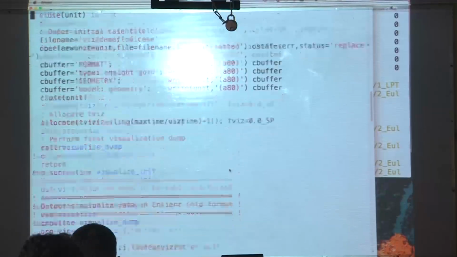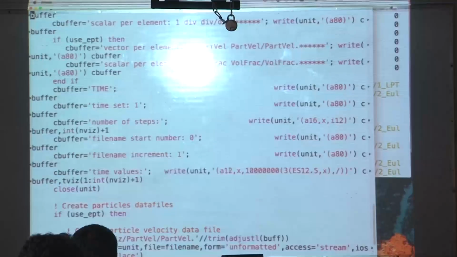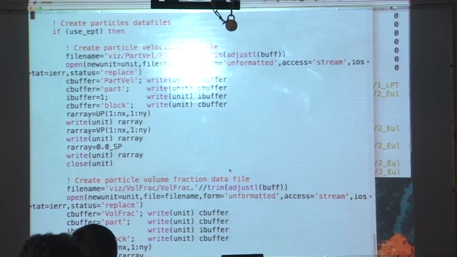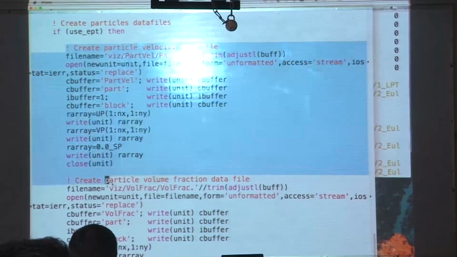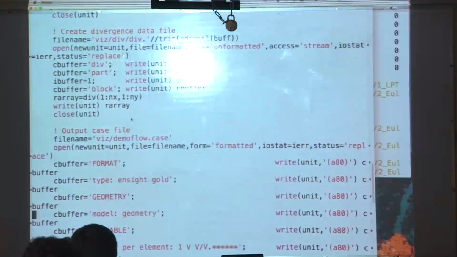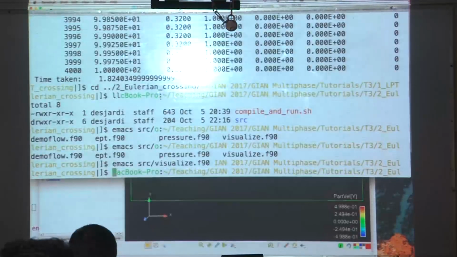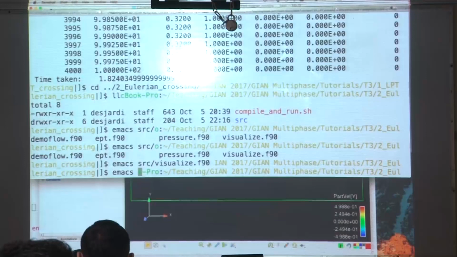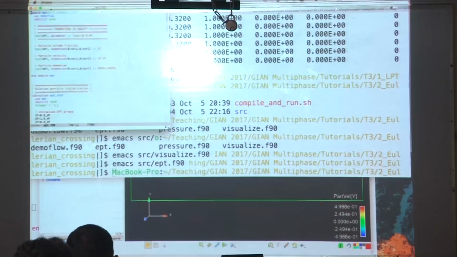The code to write it is very boring. There's nothing specific here. This is those two chunks here. Nothing useful. Let me close this. And now we're going to go to the more important part, which is the way this EPT code looks.